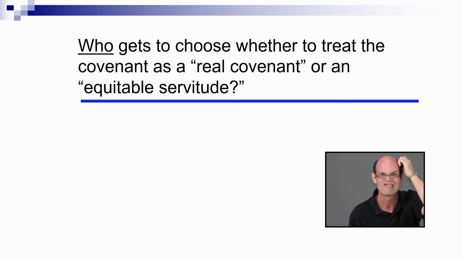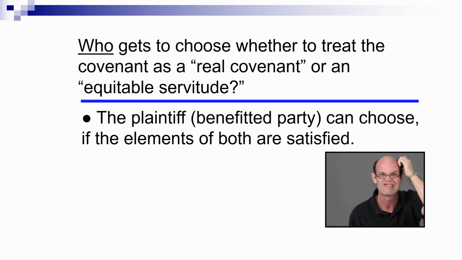Well, now, since the same covenant might be enforced either as a real covenant or an equitable servitude, the question is, who gets to choose? Who decides whether it's going to be enforced as a real covenant or as an equitable servitude? The answer is that the plaintiff, the benefited party, the party who's enforcing the covenant, can choose, provided, of course, that the elements of both are satisfied.